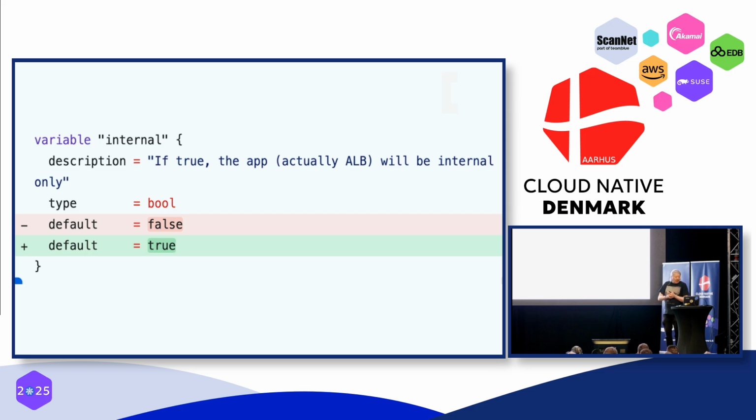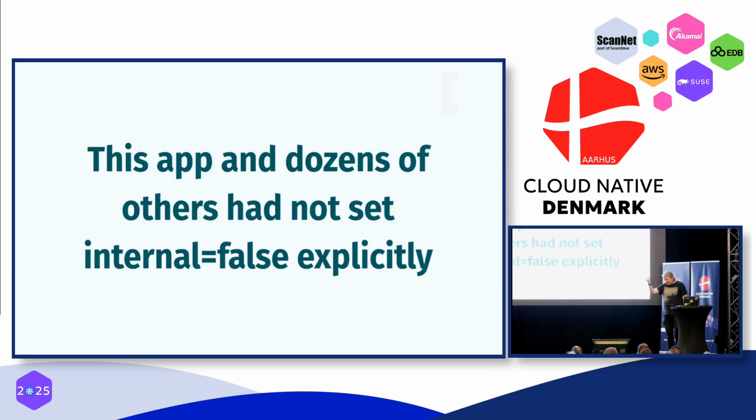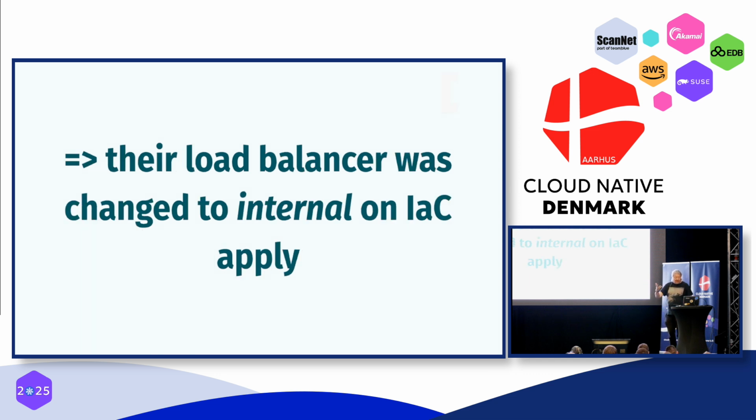And it turns out that this app in question and dozens of other apps had not set this flag explicitly. And thus, when the pull request was merged and they applied their changes, the load balancer was changed to internal instead of being in the public internet.